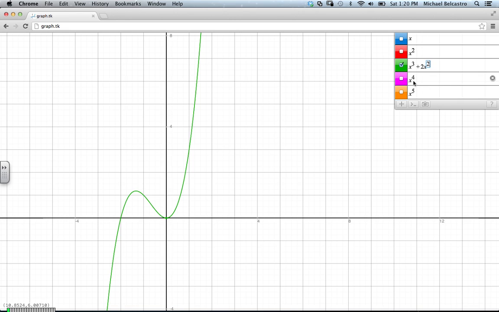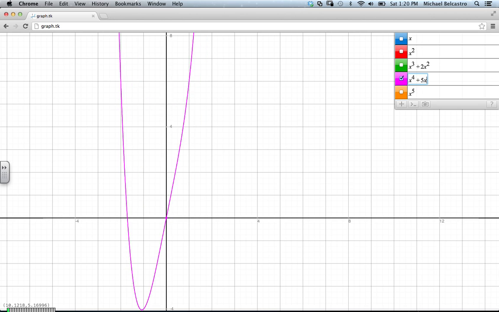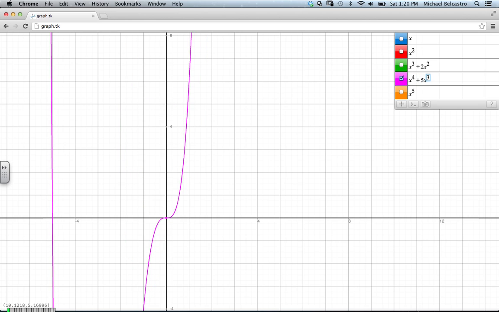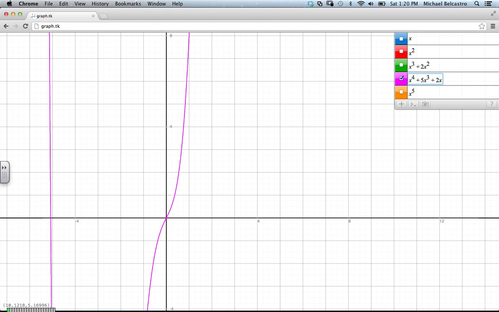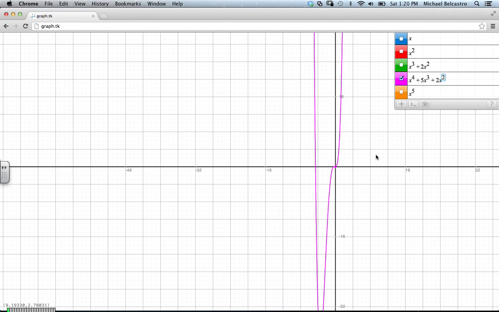Okay, so as we play with these functions, we're going to see that they change direction differently. The 4th one here, I'll turn it on, almost looks like a parabola. It looks like it's, again, only turning once, but it's actually turning 3 times. And we're going to add a little to this function, like we said. Let's say 5x cubed plus 2x squared. Let's see if that gives us anything.